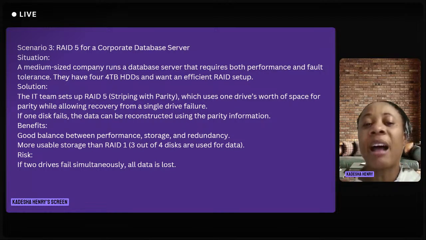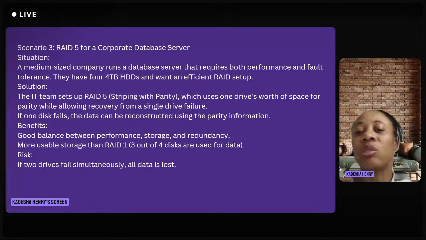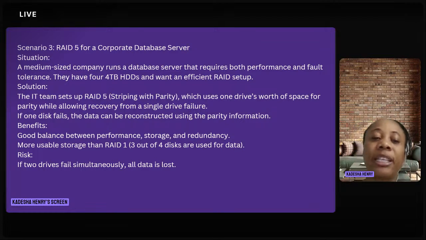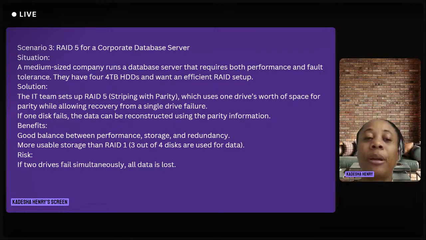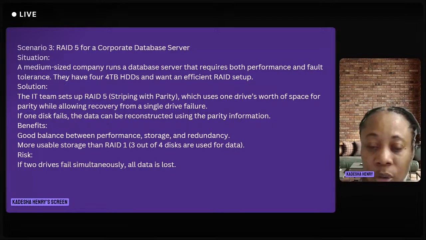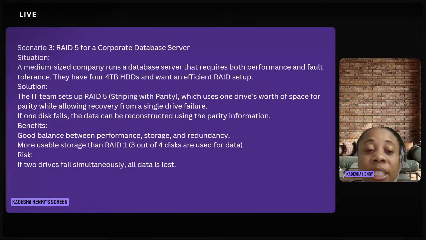The IT team will set up RAID 5, which uses one drive's worth of space for parity while allowing recovery from a single drive failure, right? So if one disk fails, the data can be reconstructed using the information from the other disks, which is very important.